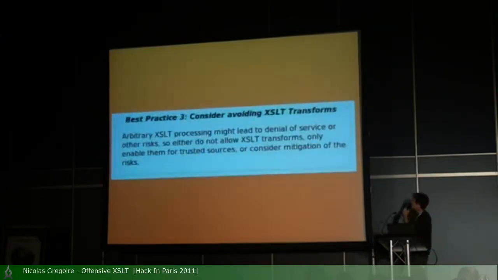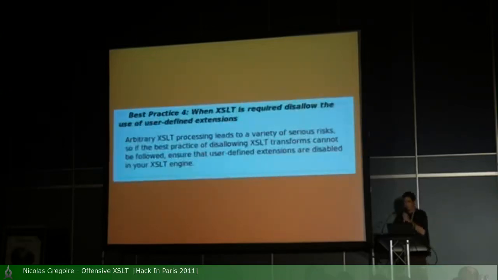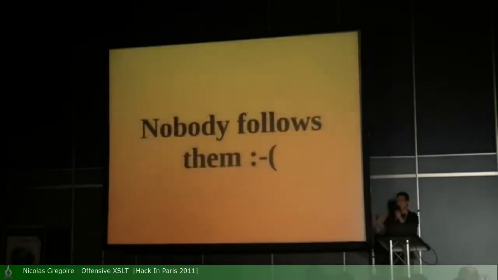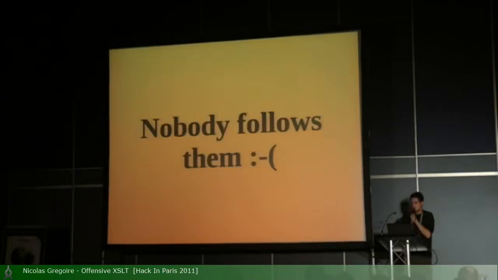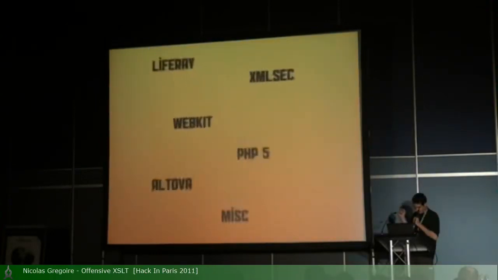Advice 3: consider avoiding XSLT transform. And advice 4: if XSLT is required, please disallow user-defined extension. So one thing we can say is that absolutely nobody follows this kind of recommendation, which is a pity.